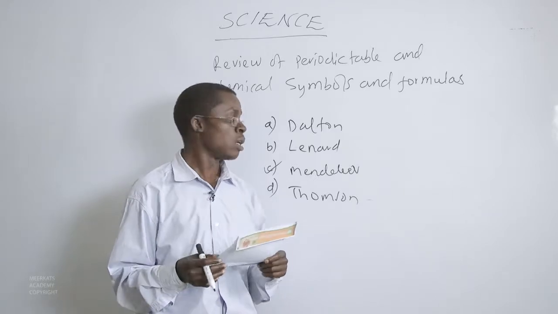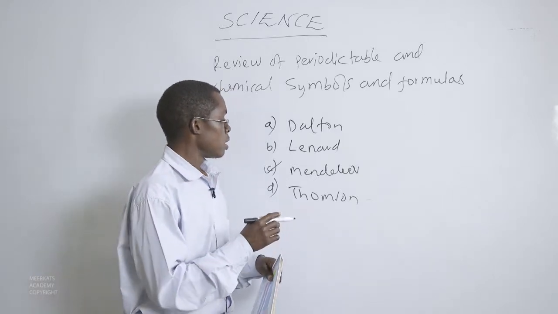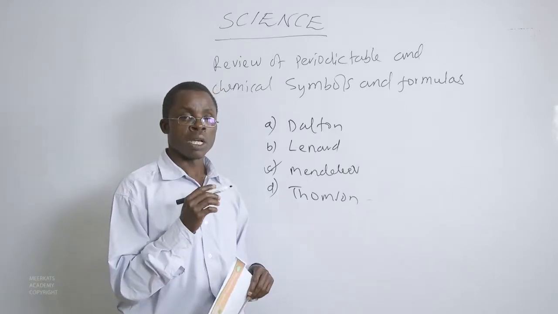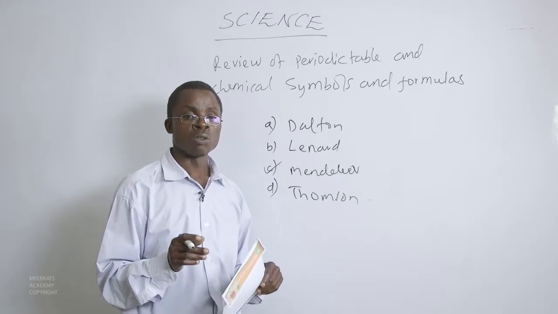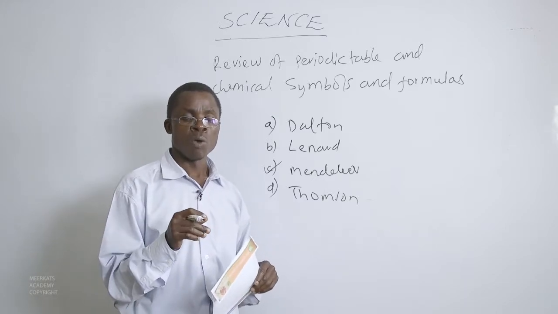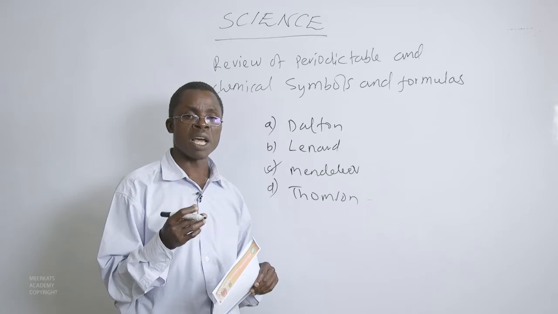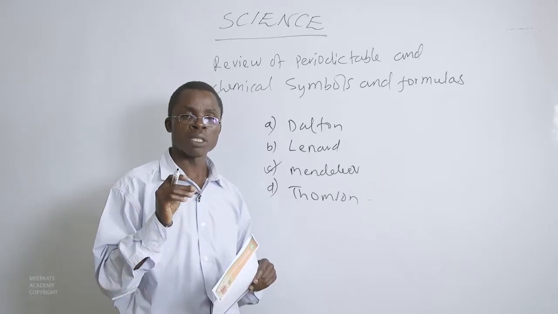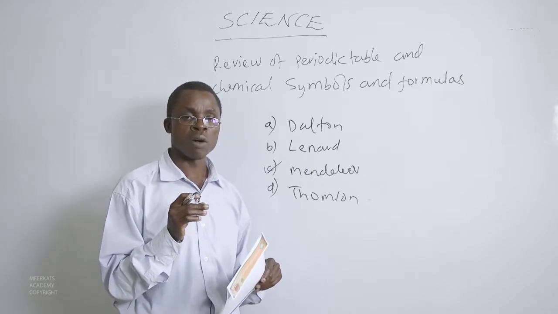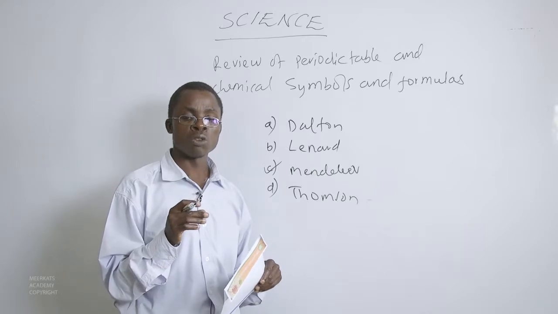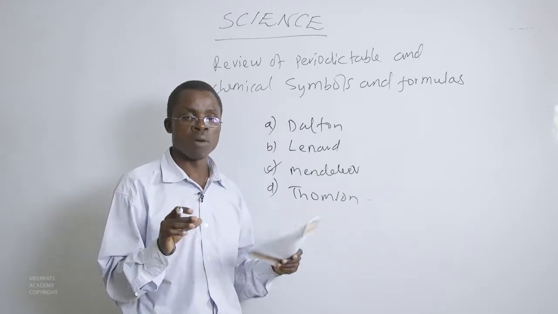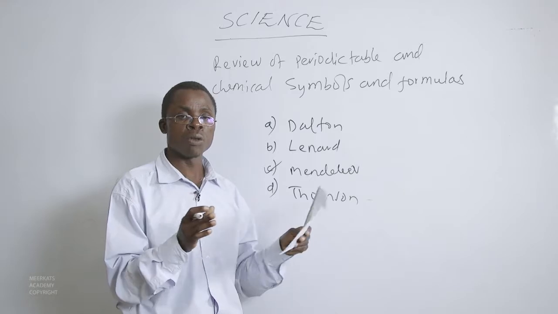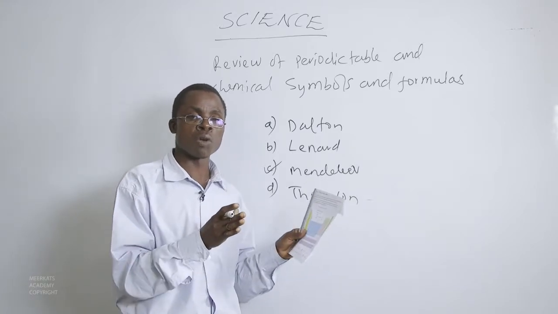Not until James Chadwick came in 1932 to discover the neutron, which now gave a proper light on how mass comes in, so that you discover that these elements that you thought are the same, having the same mass, now disturbing you on how to locate them in the periodic table.